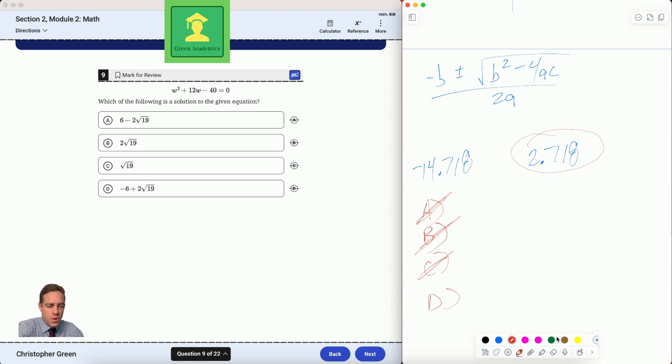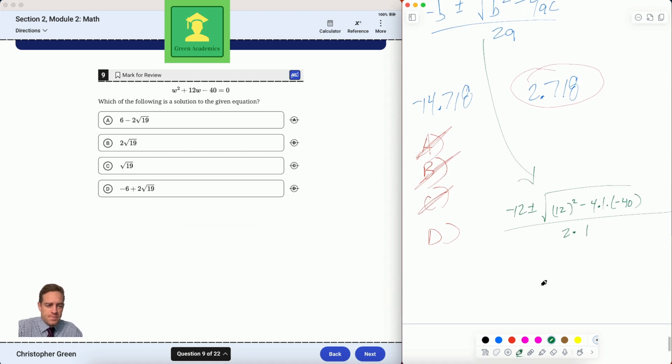Now let's write it the long official way, the algebraic way. So this would be negative 12 plus or minus the square root of quantity 12 squared minus 4 times 1 times negative 40, all over 2 times 1.